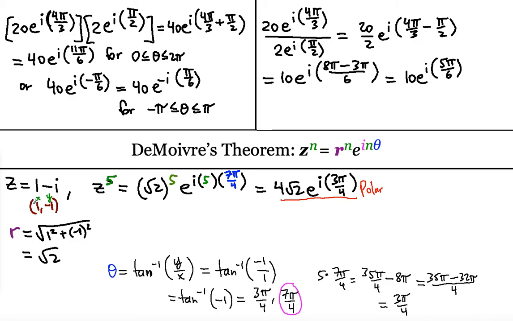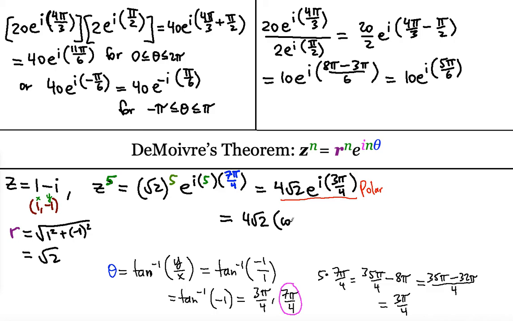Now we have to also find the rectangular form. Okay? Now the rectangular form, as you should remember, the r value is the same, so it's going to be 4 radical 2. That doesn't change.